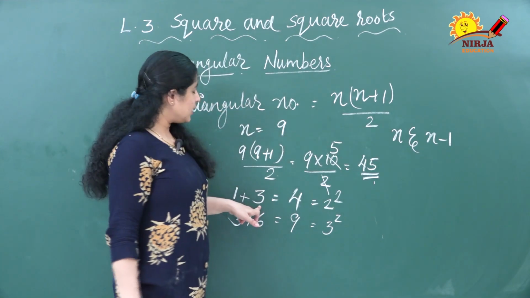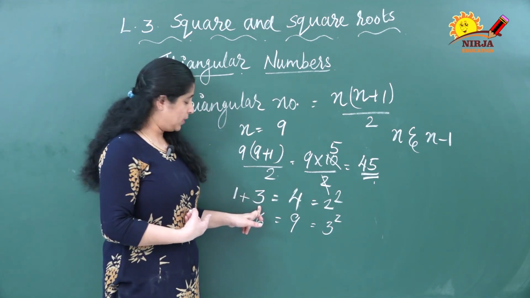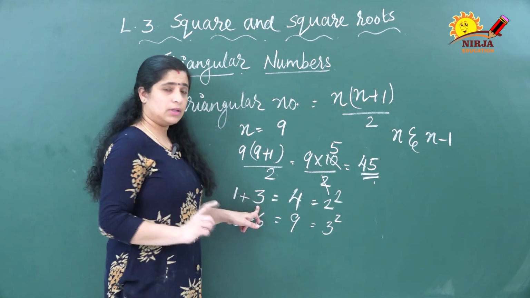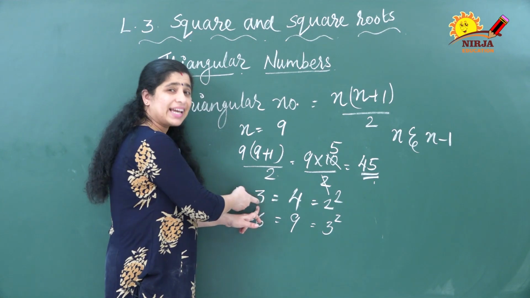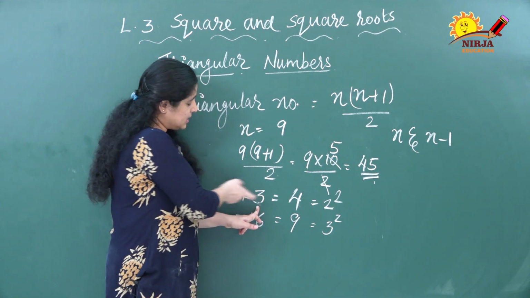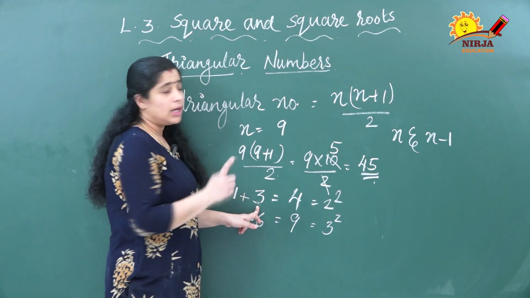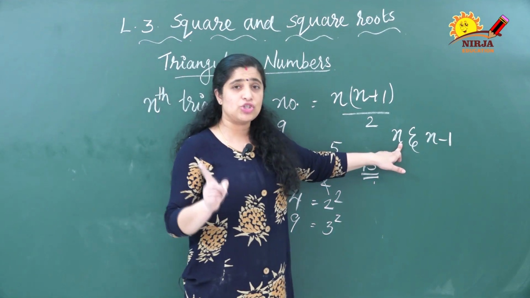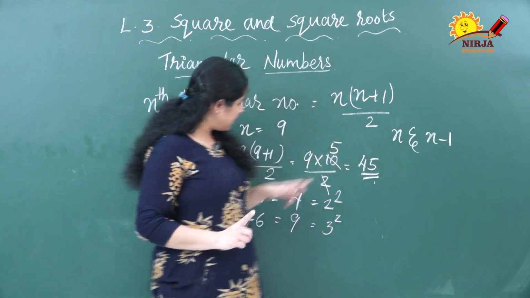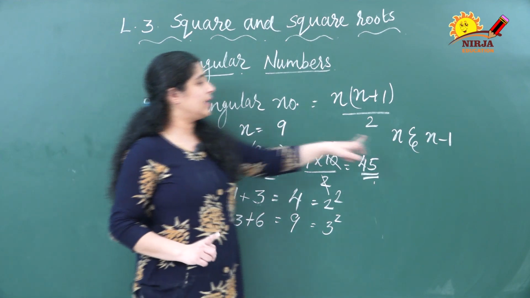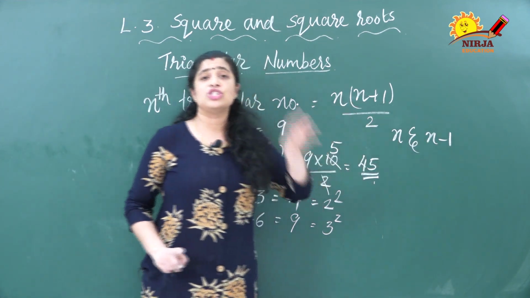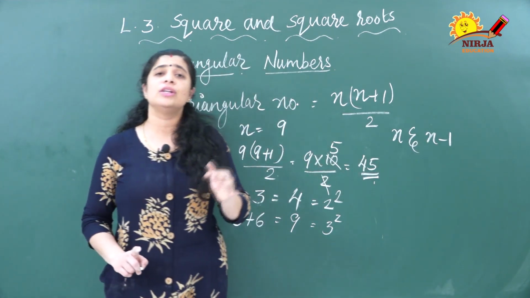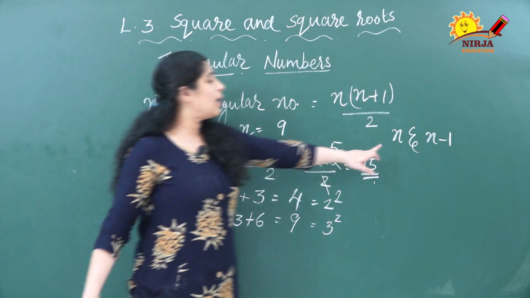You can find this from this equation only because this is n. This n means the second triangular number, and this is the first triangular number. Here you have to find the position, not the number. Don't subtract 3 minus 1, you won't get the answer. This is the position, first, second, third position, that we are applying here.